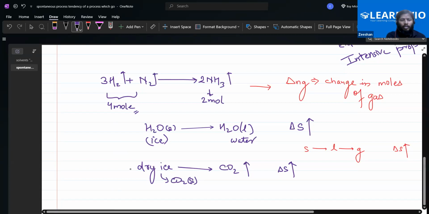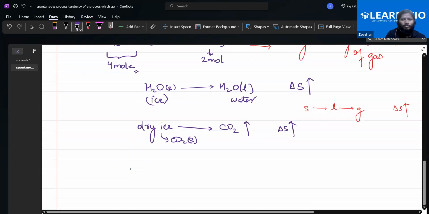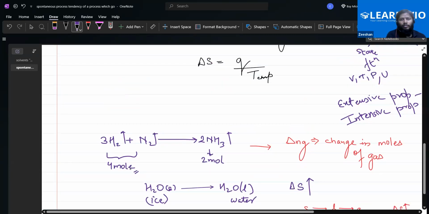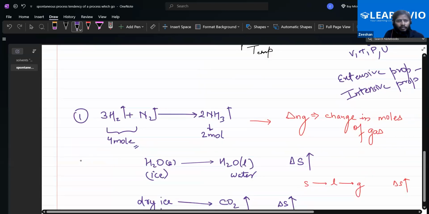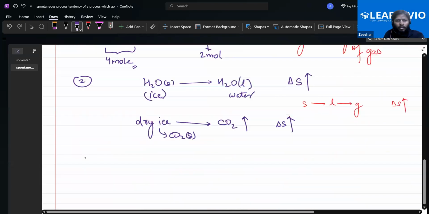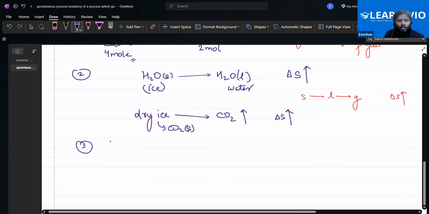Okay. There are some other examples also. So this one is the first example. This one is the second example. Some other example, like if you mix gases, delta S will increase.